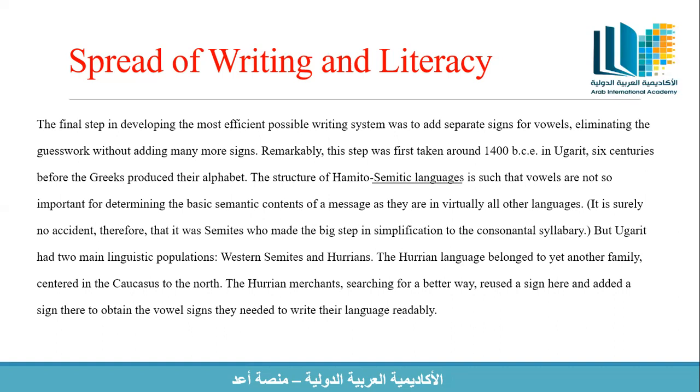But Ugarit had two main linguistic populations, Western Semites and Hurrians. The Hurrian language belonged to yet another family centered in the Caucasus to the north. The Hurrian merchants, reaching for a better way, reused a sign here and added a sign there to obtain the vowel signs they needed to write their language readably.